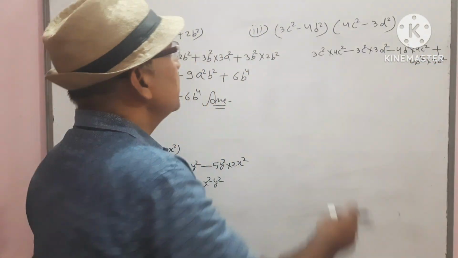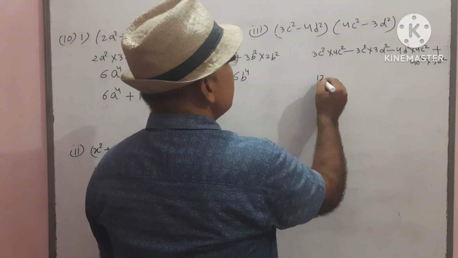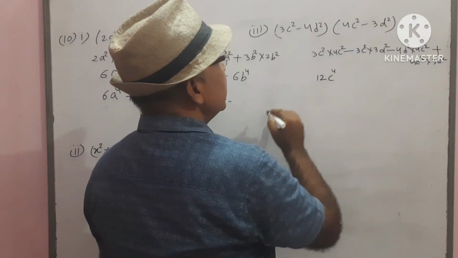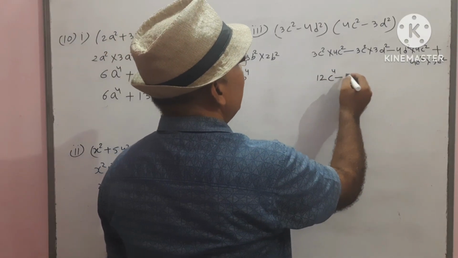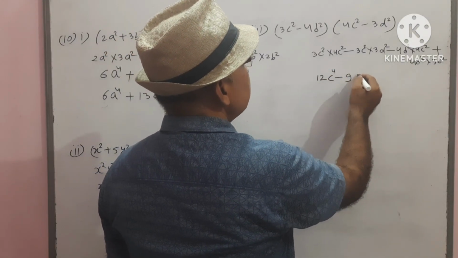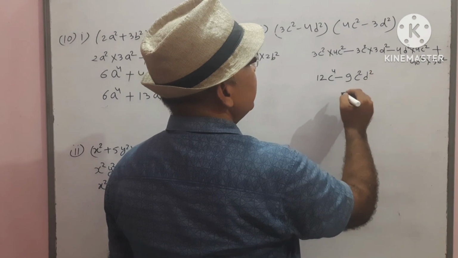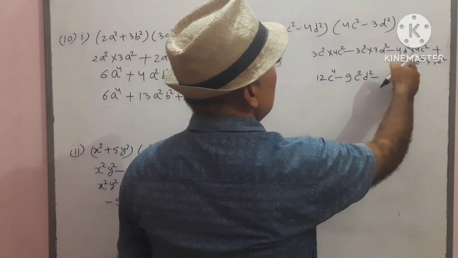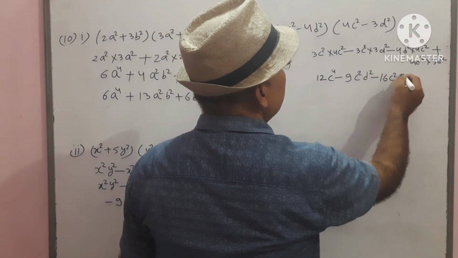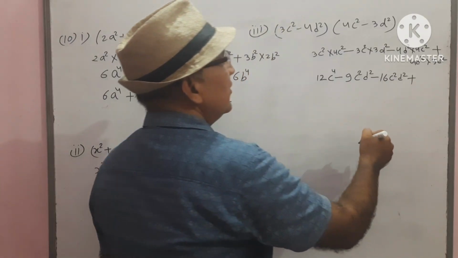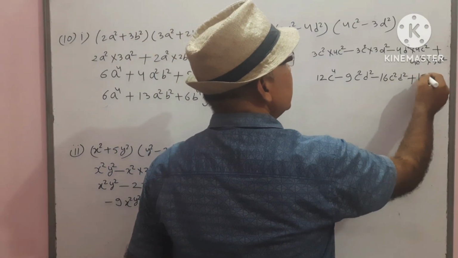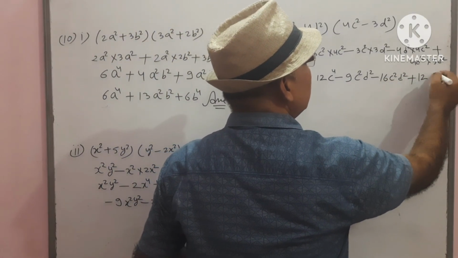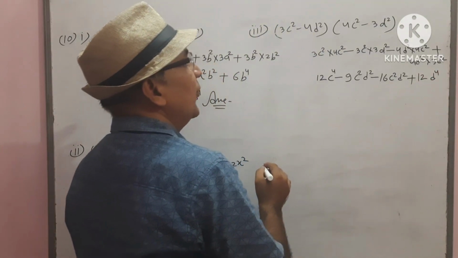Now calculate it. 3 into 4 is 12. C square into C square is C power 4 minus 3 into 3 is 9. C square D square minus 4 into 4 is 16. C square D square plus 4 into 3 is 12. D square into D square is D power 4.